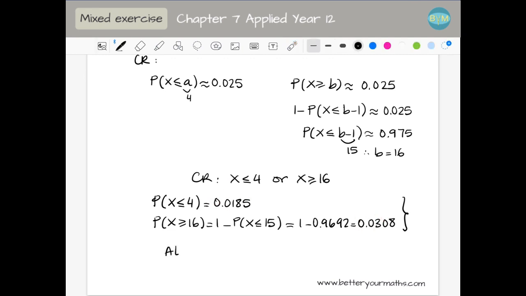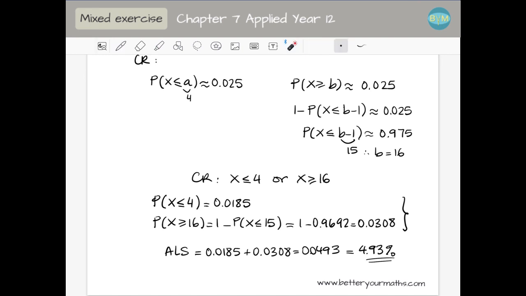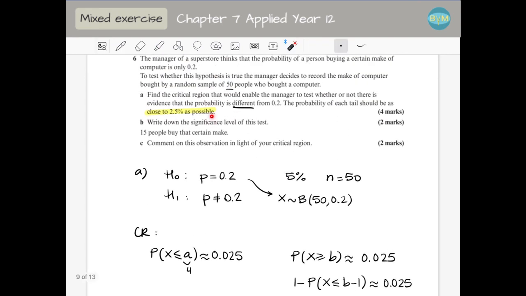The actual level of significance is going to be 0.0185 plus 0.0308, which is 0.0493. Or usually we write it as a percentage, so 4.93%, which is very close to the 5% that we were looking at.